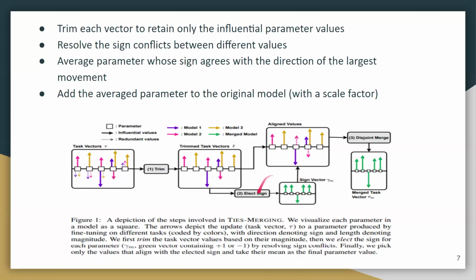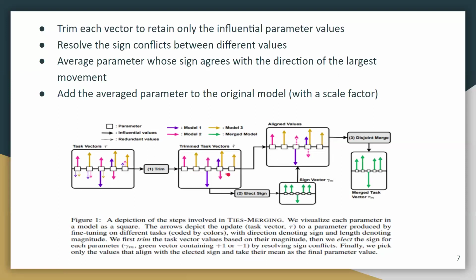Ritesh, are we going to choose the sign always based on the magnitude? Because if that is the case, then why do we keep these multiple arrows in the first step? See, after trimming, the second last parameter has all three arrows.